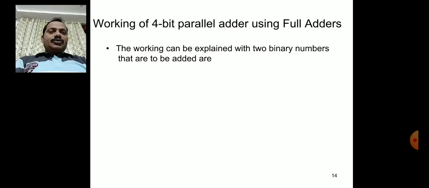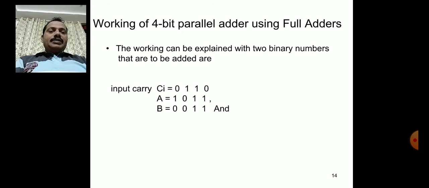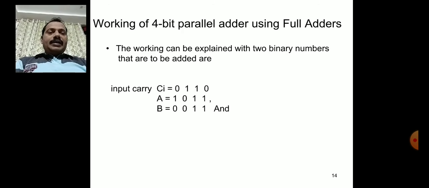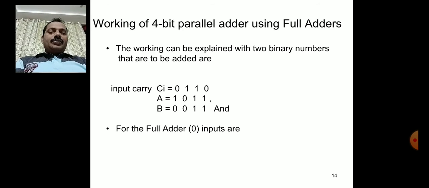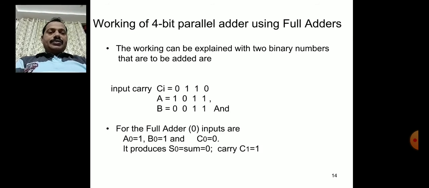Let us take two binary numbers. The number A is 1011, B is 0011. Initially, for full adder 0, the inputs are A0, B0 equal to 1 1 and the carry input C0 is 0.